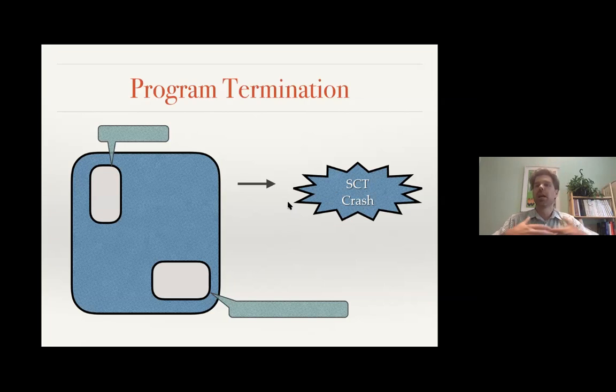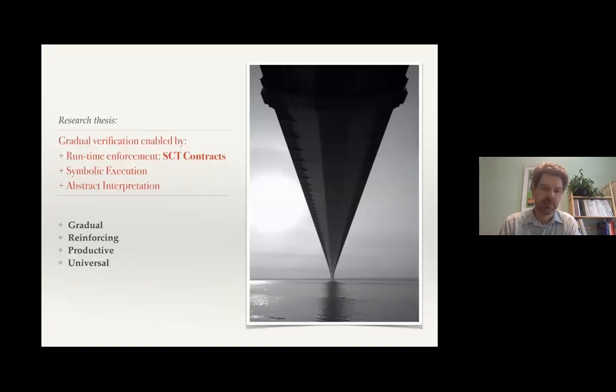So then you just run it through the same machinery that I showed before, and you can recover a static verification technique from it, while also having these nice gradual properties of, if you can't verify something, you can just leave a check in and run it and things like that.